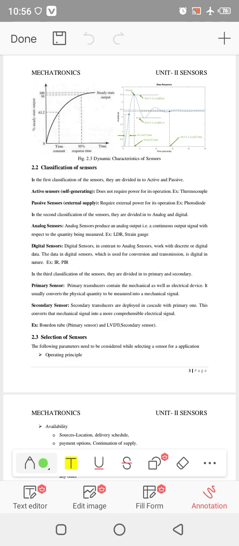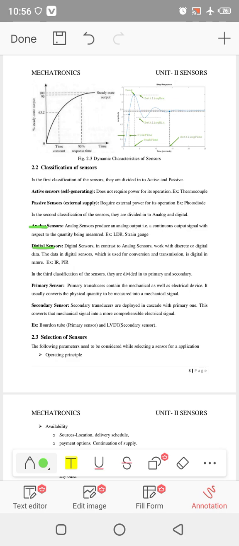The second classification of sensors is either analog or digital. You can take this further in a course on digital signal processing.